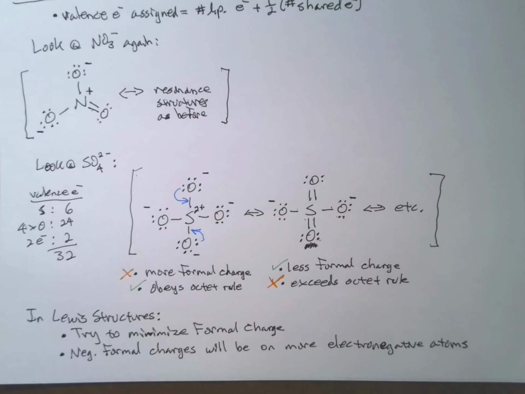All right, so that was resonance structures and formal charge, and these, excuse me, should help you with drawing good Lewis structures. In the next videos, we'll take a look at the shapes of molecules based on what kind of bonding we have going on, and that'll wrap things up.